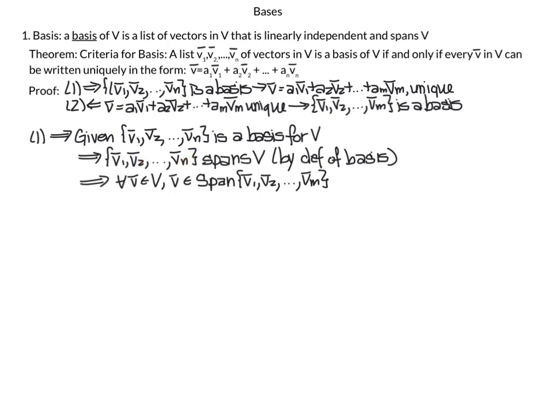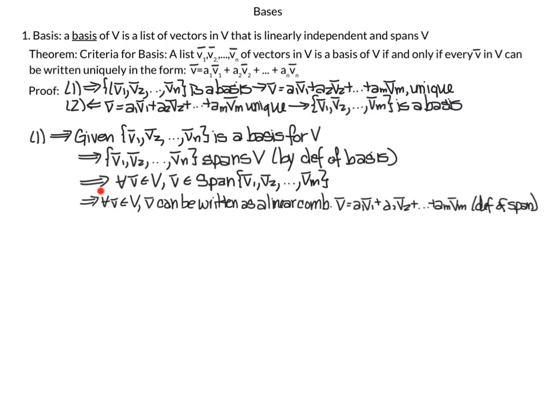If this set of vectors spans the space, that means all vectors in V are in the span of v1, v2 up to vm, which means all vectors in V can be written as a linear combination. So we have v equals a1 v1 plus a2 v2 up to am vm, from the definition of span. So we have this linear combination.